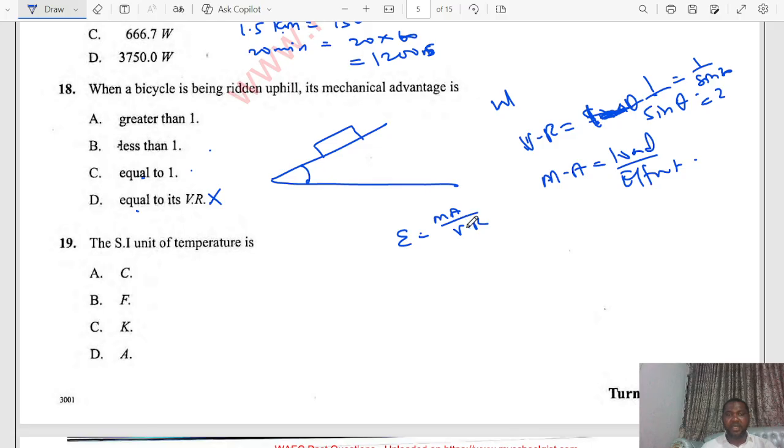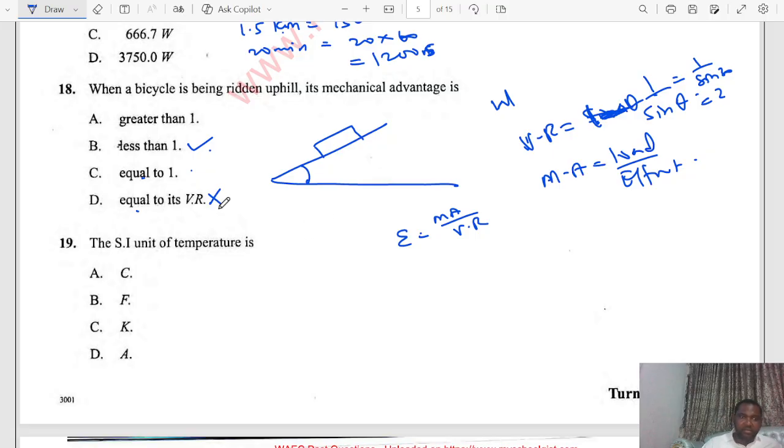So the answer to this question is that mechanical advantage has to be less than 1. Actually, my answer would have been that it has to be less than the velocity ratio. Okay, very important.